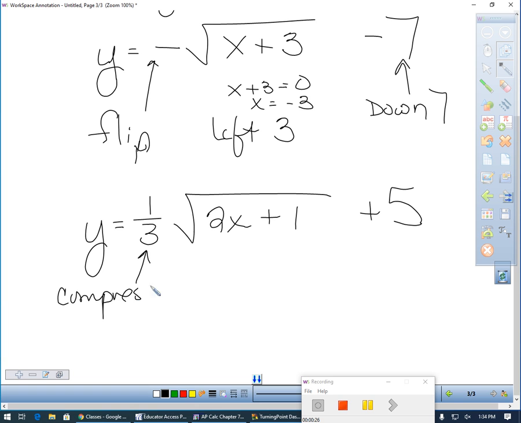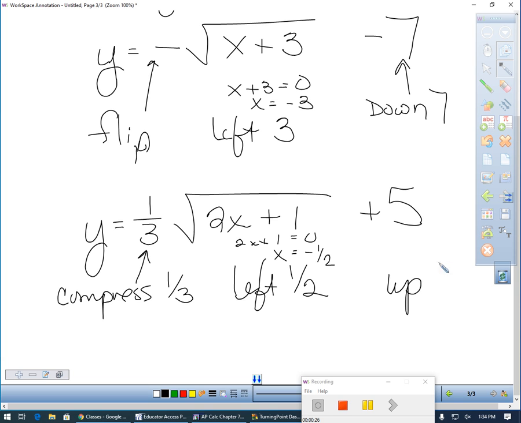That means it's going to be flatter by 1/3. Tell me, are we going right or left? Left how much? 1/2. Very good. If we take this 2x plus 1, set it equal to 0 and solve for x, we get x equals negative 1/2. And then at the end, up 5. Perfect. So now, we're going to use that idea to graph today.